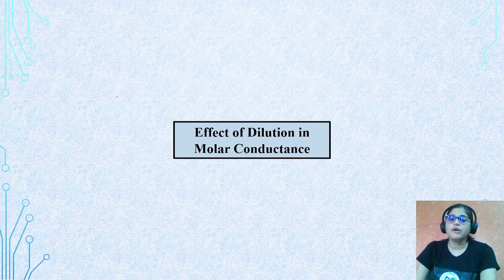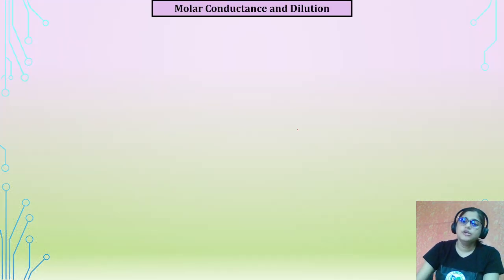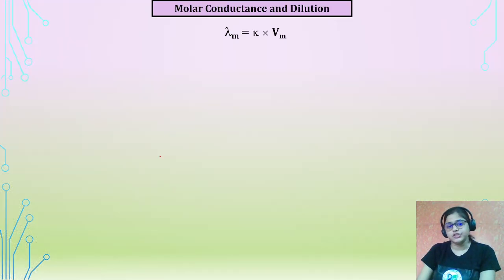Now the effect of dilution on molar conductance. That's lambda m. So, the molar conductance and dilution. We know that molar conductance is the multiplication of kappa and Vm. Fine. So two factors are here, and we have to see both, right?